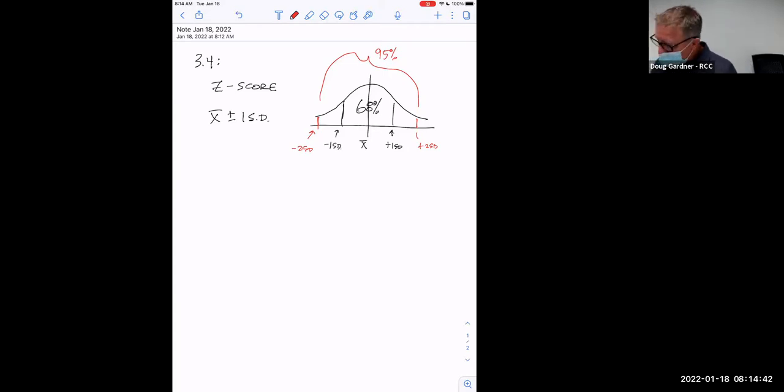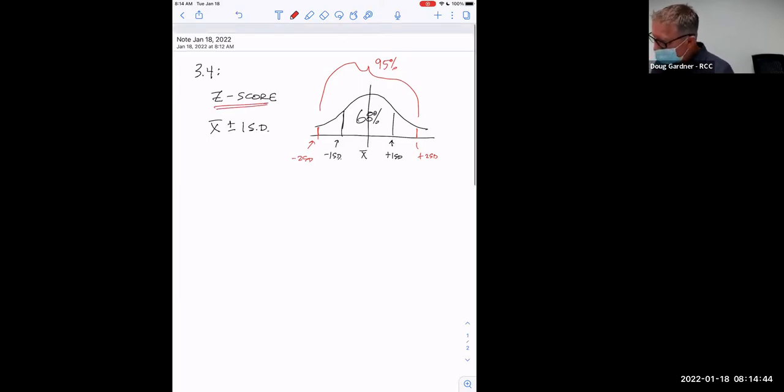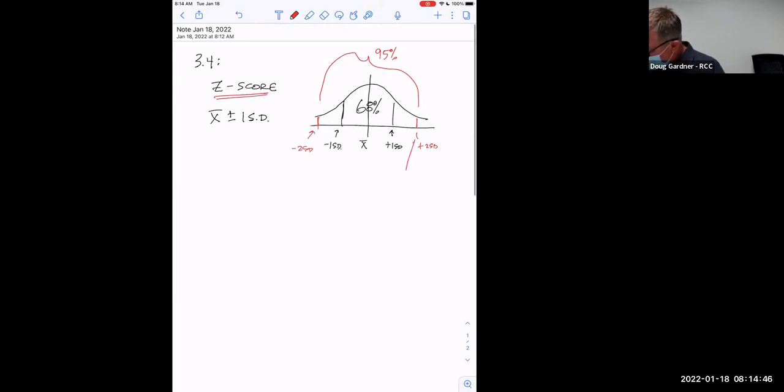Well, this is what a Z-score really is. This is a Z-score of +2. This is a Z-score of +1. In other words, what is a Z? Z is the number of standard deviations. Z equals the number of standard deviations.